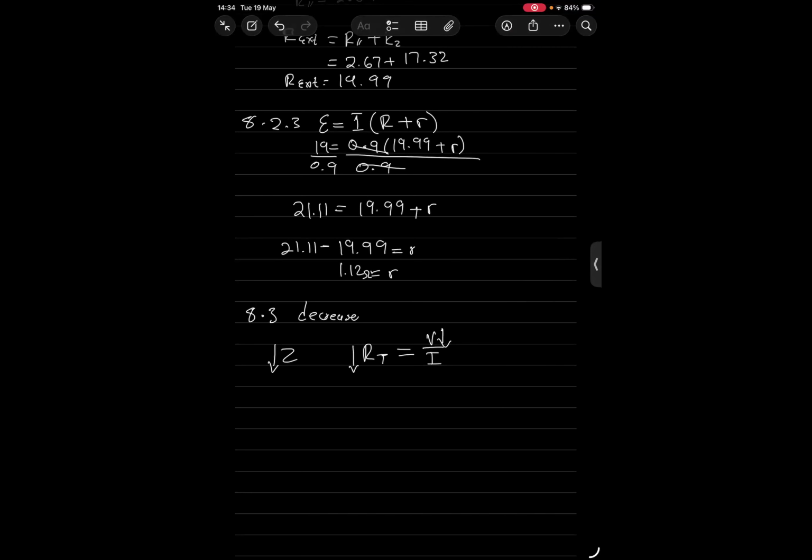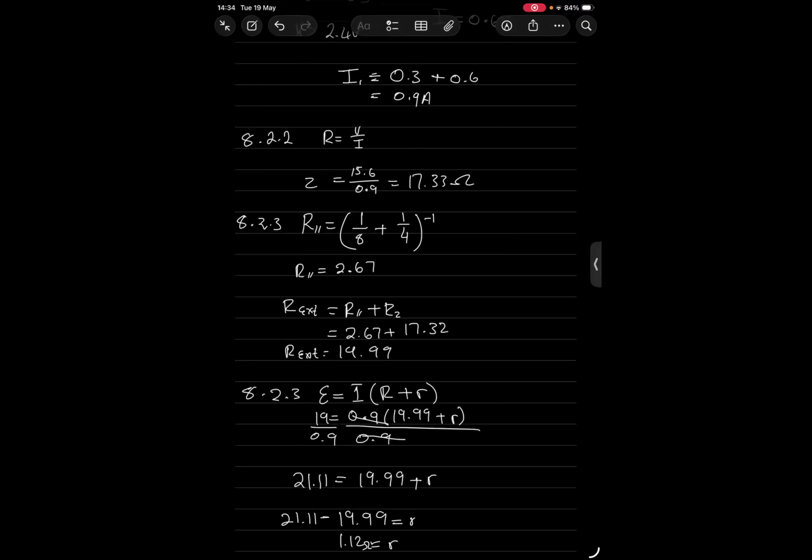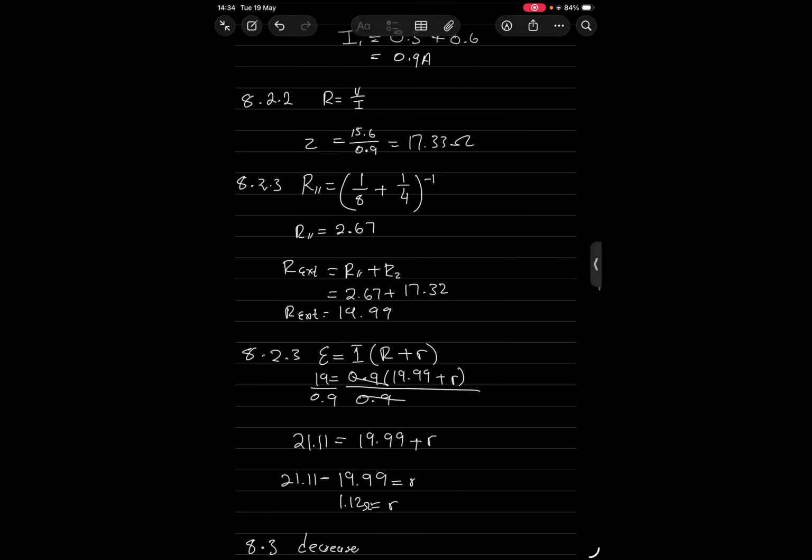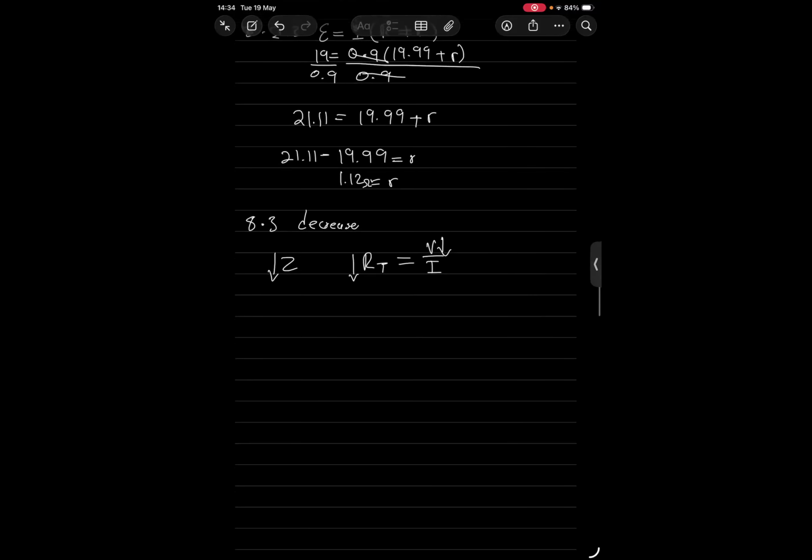When you're going to explain 8.3.1, you're going to say when resistor Z decreases, the total resistance of the circuit decreases.